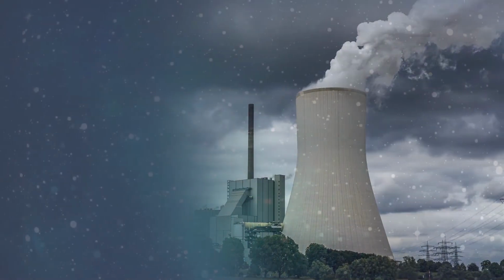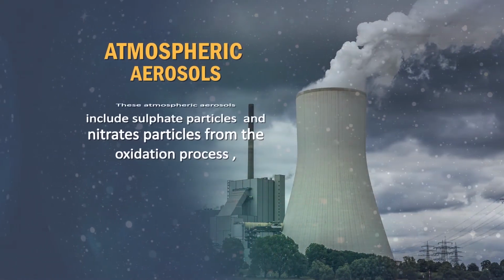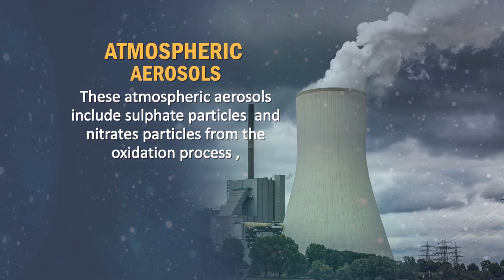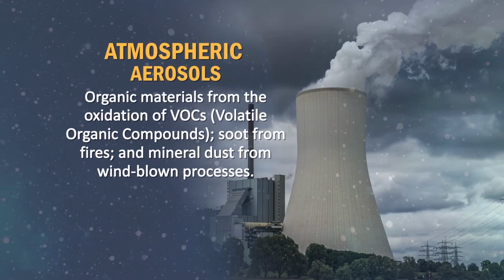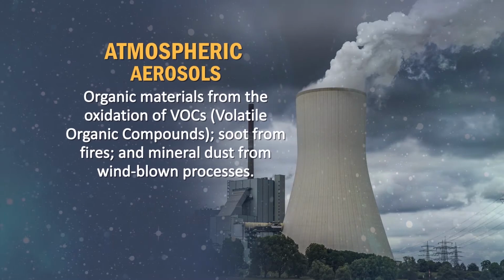These atmospheric aerosols include the sulfate particles and nitrate particles from the oxidation process, and that can take place during the burning of fossil fuels, the burning of organic materials, from the oxidation of volatile organic compounds, and also the soot particles from the fires and mineral dust from the wind blown processes that is taking place in the desert regions.